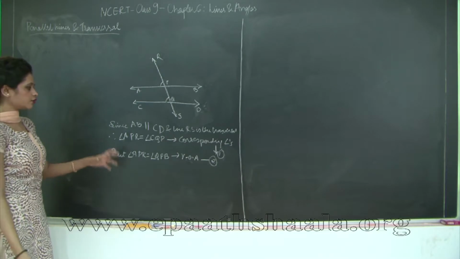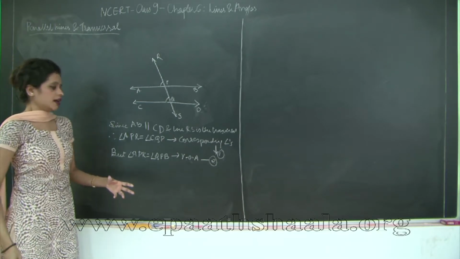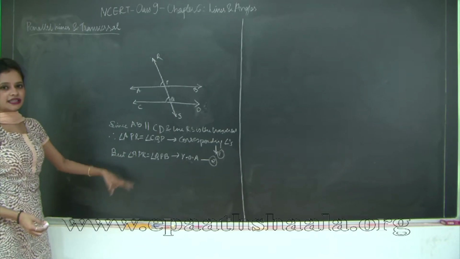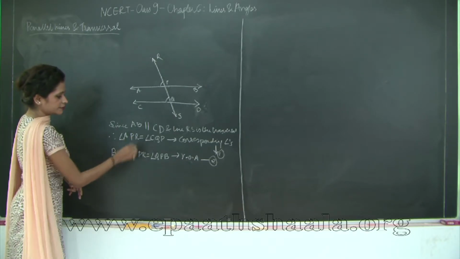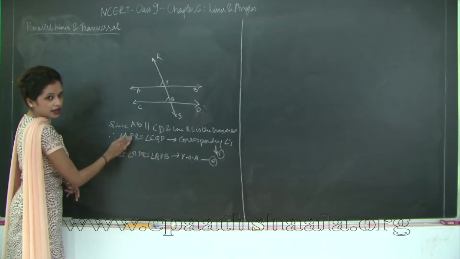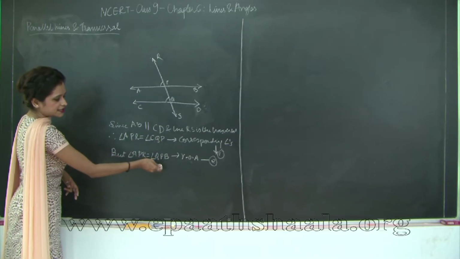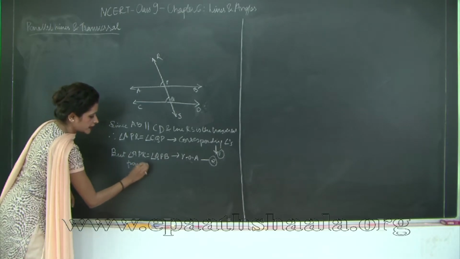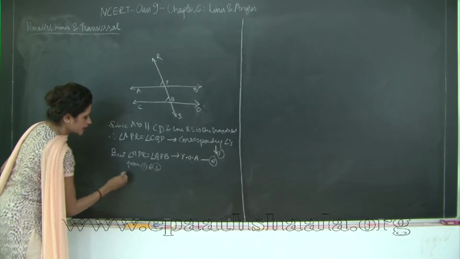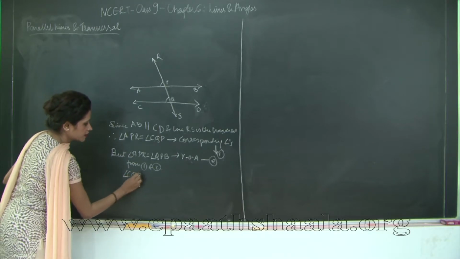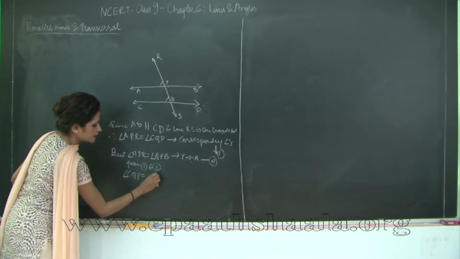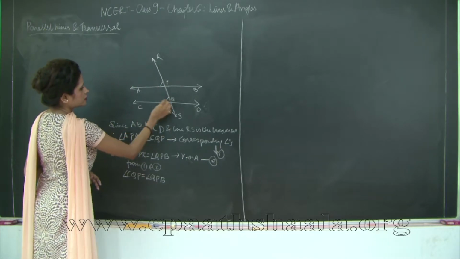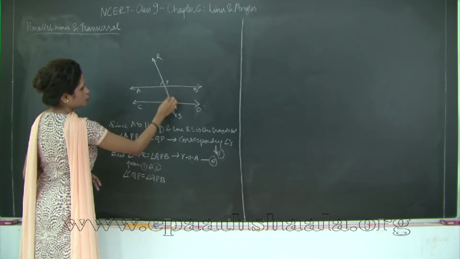Why? Because according to the axiom that we learned in chapter 5, Euclid's geometry, equals that are equal to the same thing are equal. So therefore, from 1 and 2, angle CQP is equal to angle QPB.